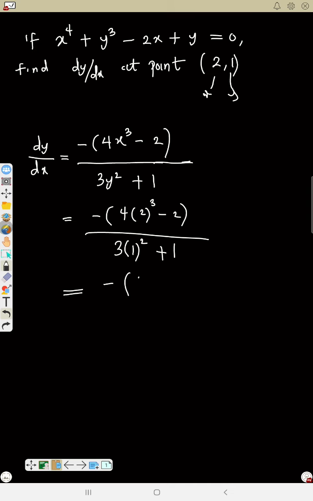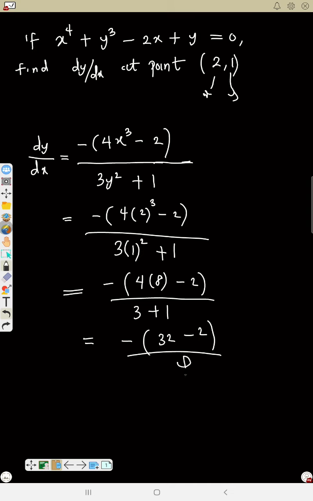So you have minus 4 brackets 8 minus 2, meaning 2 raised to power 3 is 8, divided by 3 plus 1.